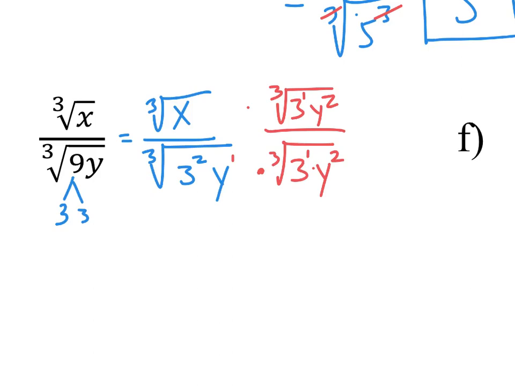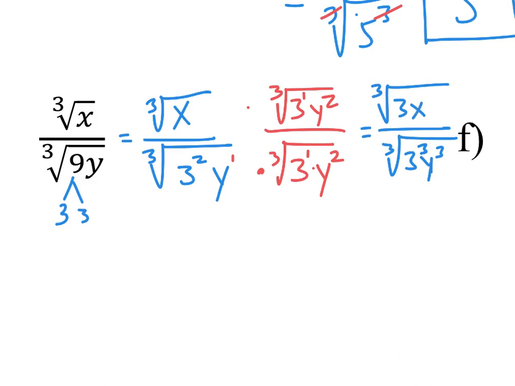Now watch what happens. The bottom's going to become, and let's see, how many 3's? 3 squared times 3 to the first is 3 to the third. Y to the first times y squared is y to the third. And that's nice because these 3's are going to get canceled out by that index, just divide it out, right? On the top, we've got 3, an x, and a y squared, and we just kind of multiply them all. We can multiply them.